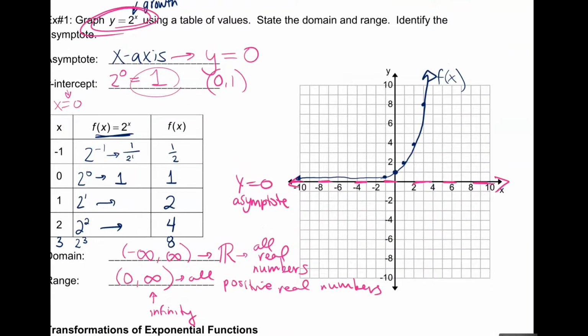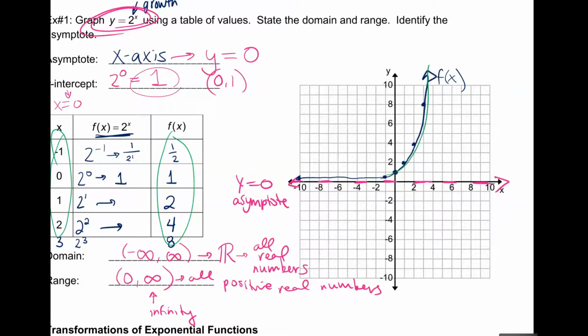Alright, so the asymptote for 2 to the x is at the x-axis, right? The x-axis is just the horizontal asymptote. And then we plug in numbers for our x, right? Figure out what the y's would be. And then we have our points. Draw your graph. Don't cross the asymptote. Oops.